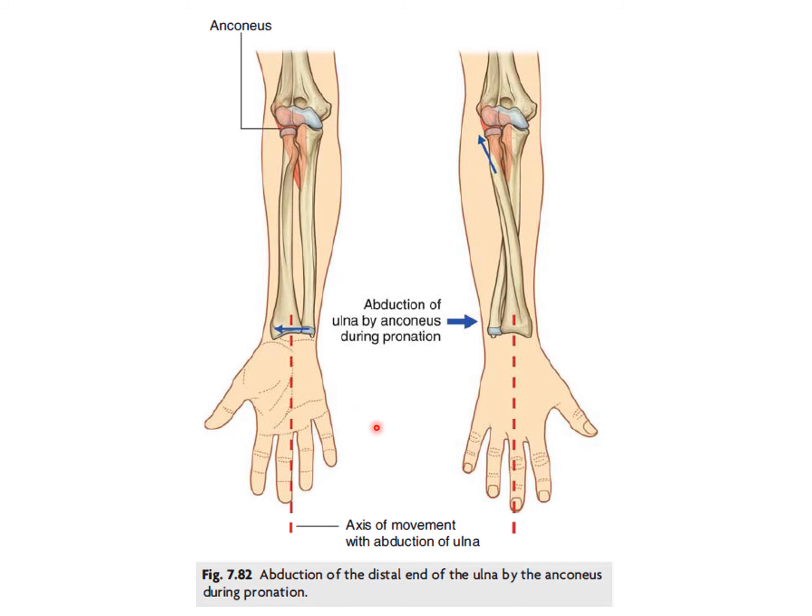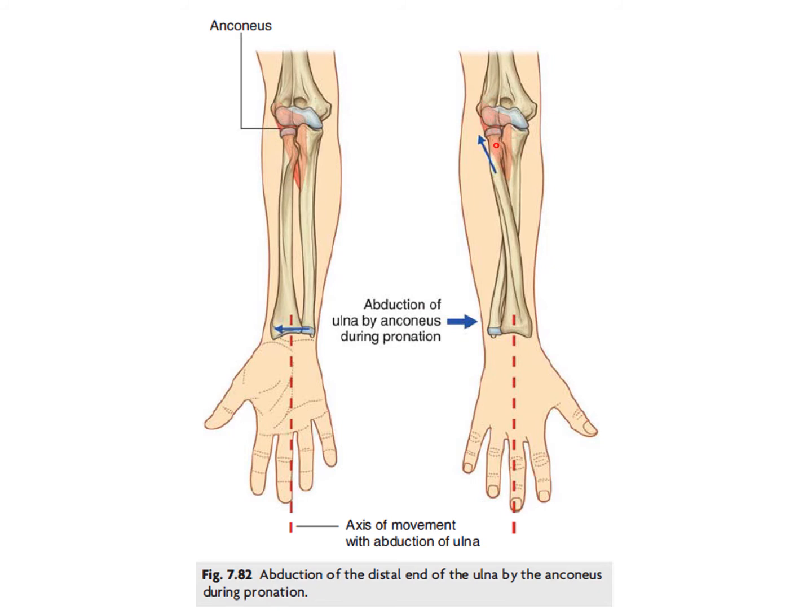Now one more important thing: as we have discussed already, the lower end of the ulna generally doesn't move a lot, but a little bit of movement takes place and it moves slightly laterally. This is known as abduction of the ulna, and it is done by a small muscle known as anconeus, which is at the level of the elbow.